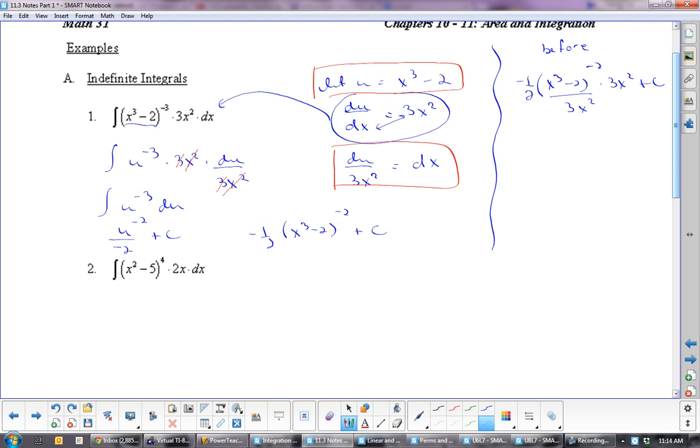Oh yeah, plus c. Right? Cancel is negative 1/2 (x cubed minus 2) to the negative 2 plus c.